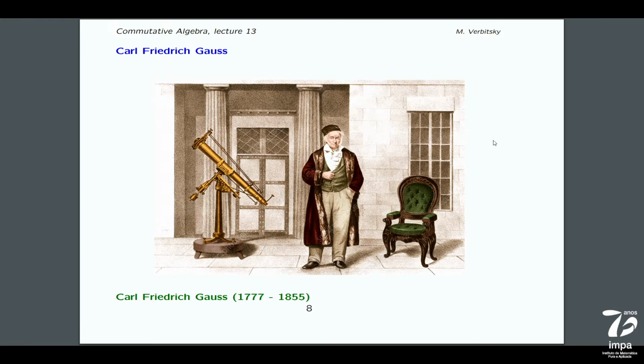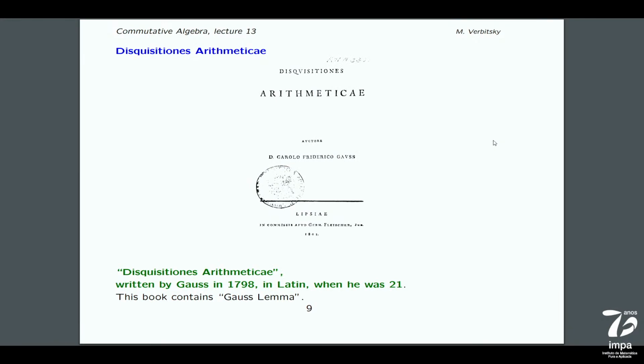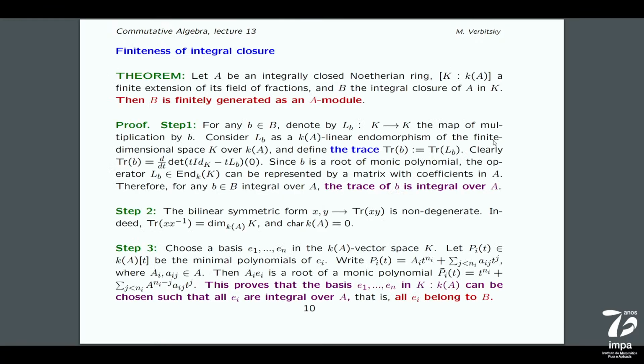I think this is the same picture. And then this is the book. Gauss wrote it when he was 20 or 21, and published it when he was 24 in Latin, and it is a book which has this Gauss Lemma, more or less in modern terms, except that it has pretty much no proof, because for Gauss it was obvious. Okay, so we have an interval for 5 minutes.